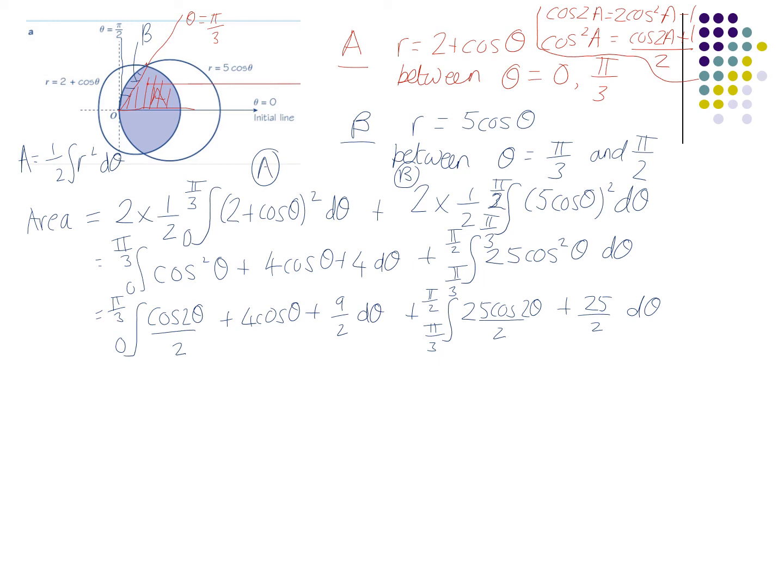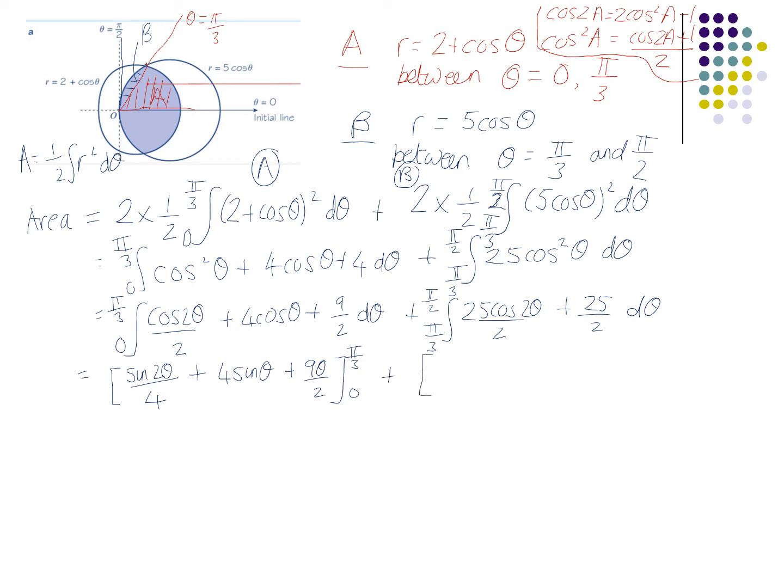Right, let's now do my integration. Remember, cos goes to sine, but because we've got a 2 theta, we divide by 2, so that becomes over 4. Again, with this one, cos goes to sine, and my 9 over 2 becomes 9 theta over 2. Pop my limits next to my square box.